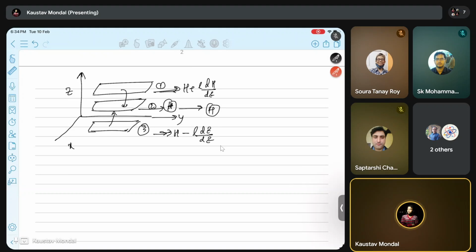Now before calculating that, what we need to know is the value of L. L is basically the separating distance between these two layers.